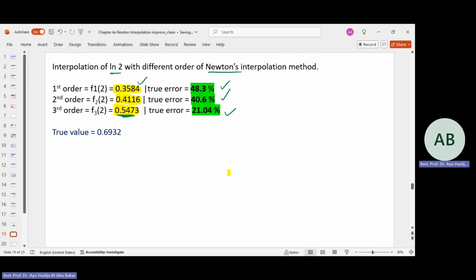The higher the order, the lesser the error, because you have many data points. Like converging? Yes, converging. If you find your error is diverging, then something is wrong with your data points. It must approach the true value.